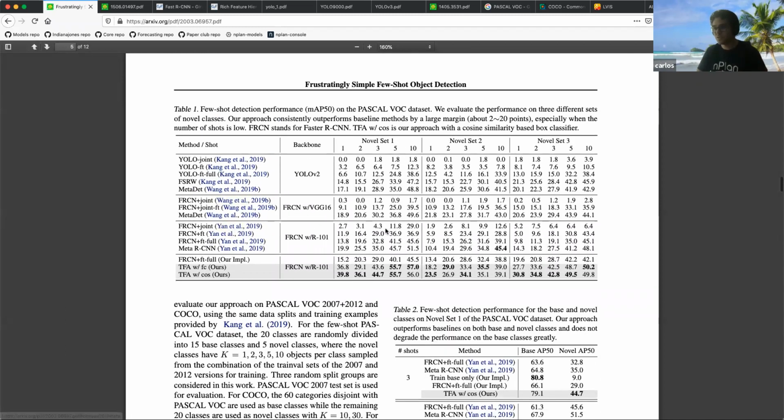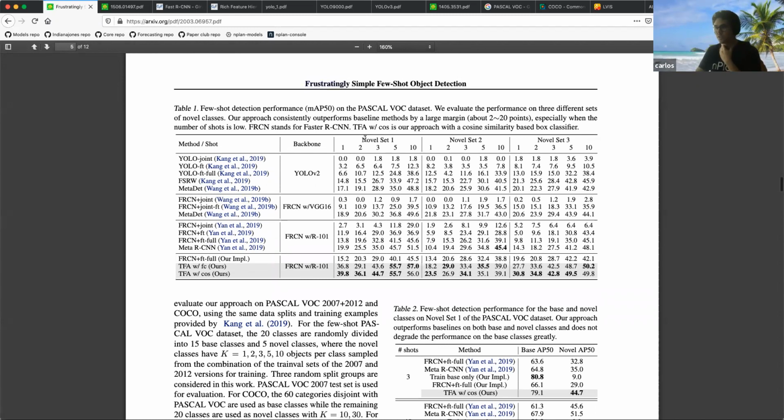And the initial results are, well, of course, that they produce state-of-the-art results on all the novel sets. And what is quite interesting is that they produce what you would call acceptable results, even with one shot.